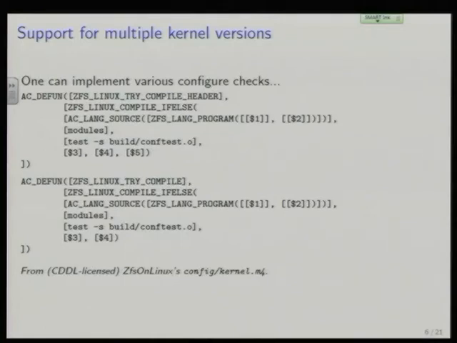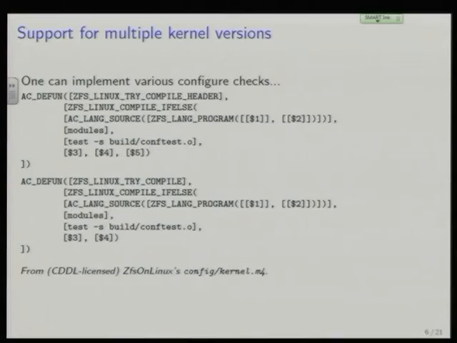There are several projects that aim at supporting the vast majority of Linux distributions and various kernel versions, and they maintain a set of autoconf macros written in M4 that help them detect the availability of various kernel features, or differences between variants of an API, and this kind of stuff. One example is ZFS on Linux.